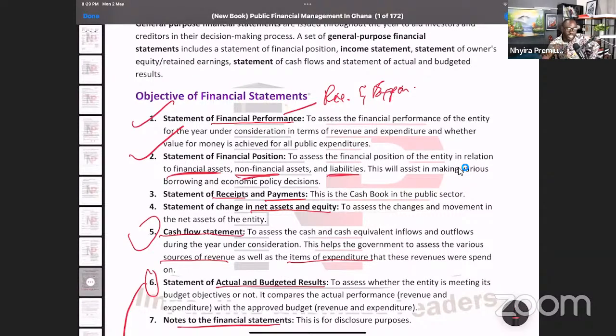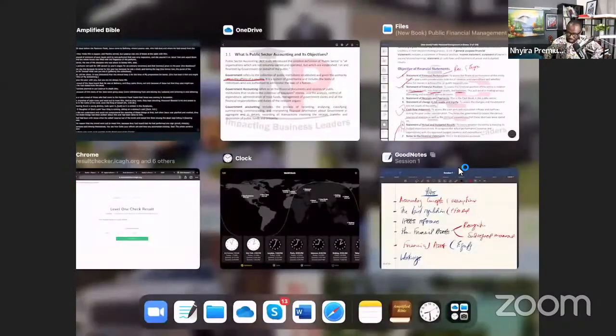Okay. Then the next question we ask ourselves is, what are the elements in these financial statements? There are a couple of elements in financial statements. I mean, you should know these things already. You're expected to know. You did it in KG2, and then you did it in level 100 or whatever.